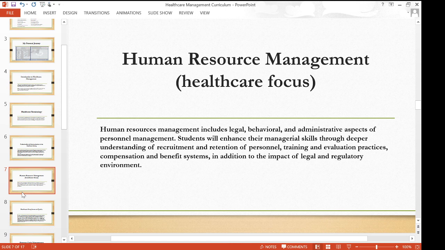Students will enhance their managerial skills through deeper understanding of recruitment and retention of personnel, training and evaluation practices, compensation and benefit systems, in addition to the impact of legal and regulatory environments.